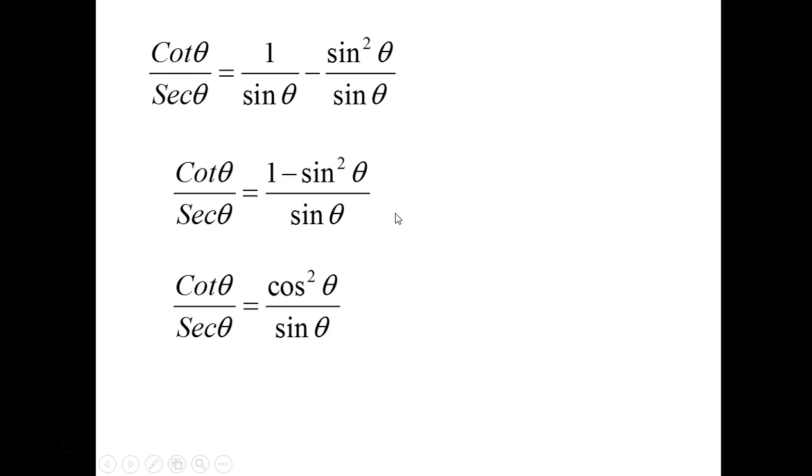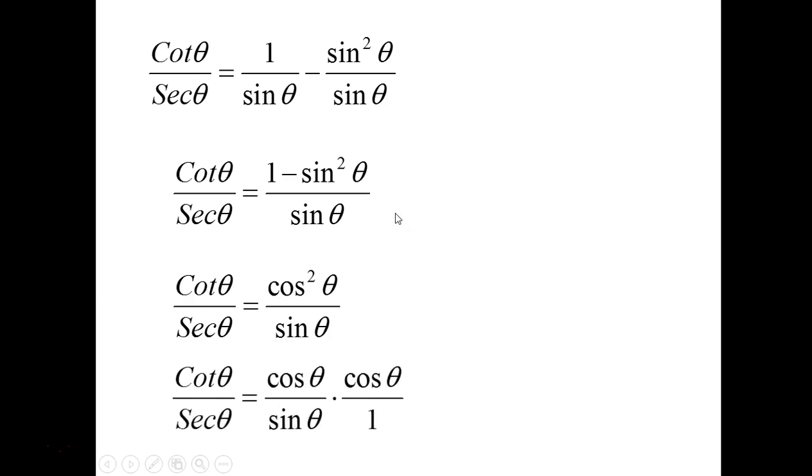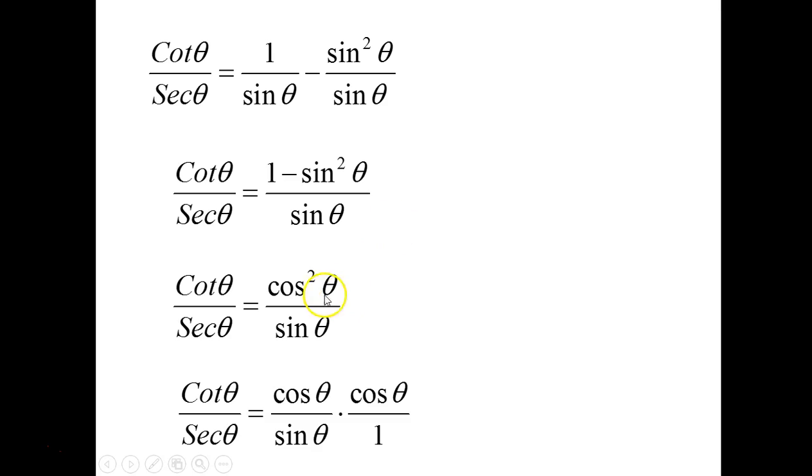So what am I going to do? Well, I'm going to break this apart. Cosine squared can be written as cosine times cosine, and sine can be written as sine times 1. Now what does that do for me? Well, it gives me a cosine over sine, which your quotient identity says is cotangent, which is good because that's what I wanted. And then we're stuck with times a cosine.